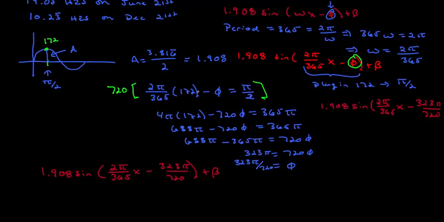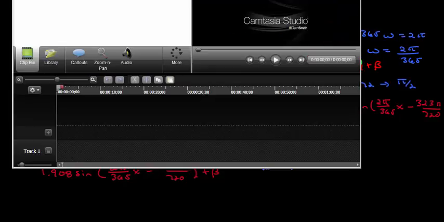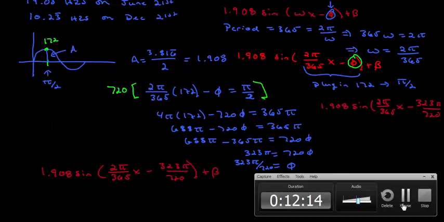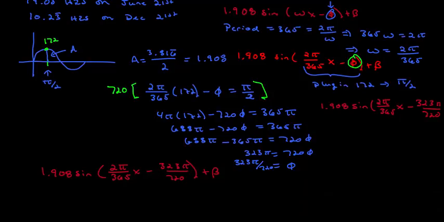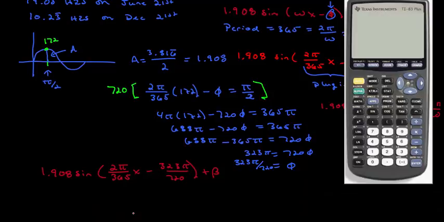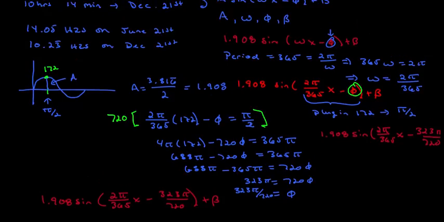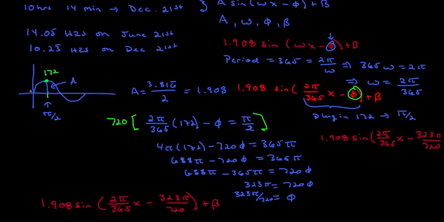Let me grab my calculator here. I'm just going to pause this for a second. Okay, so I've got that. Now actually before I do that, let me just explain something. I want to raise the whole thing up so that its center, which is right here, is along the center of where it needs to be.